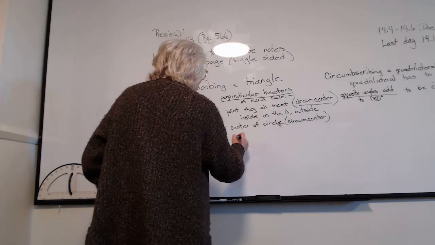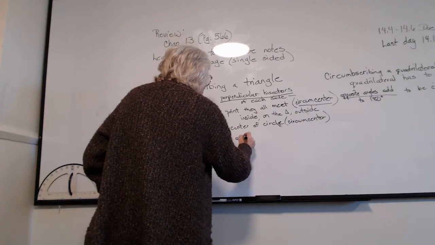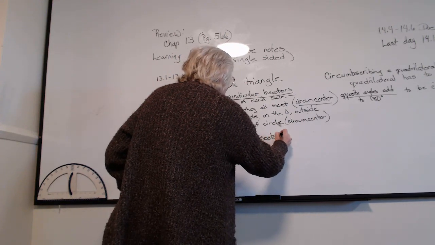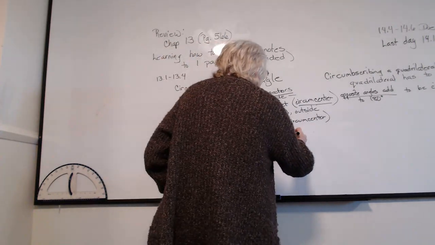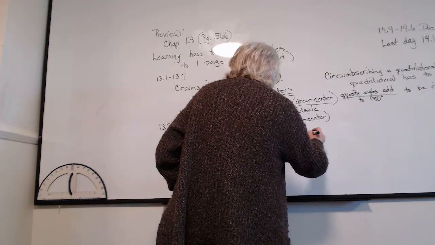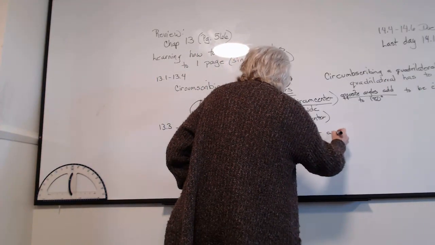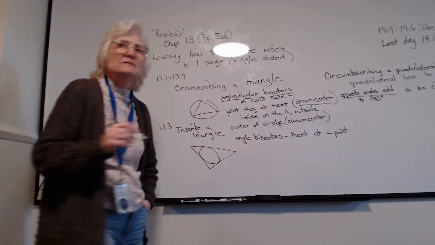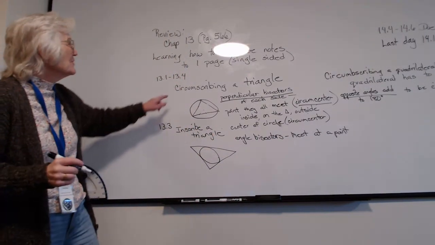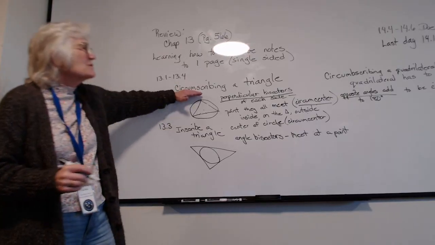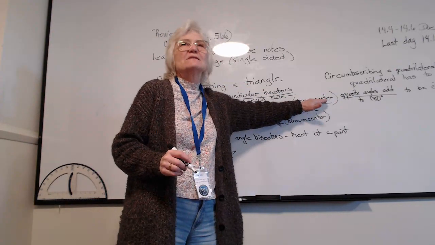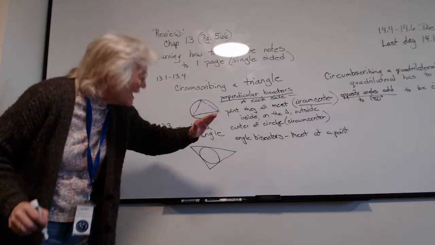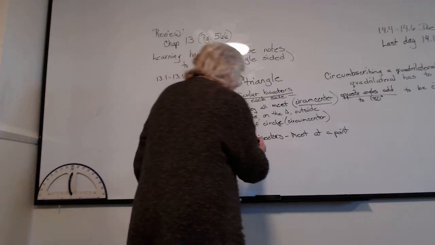We do the angle bisectors, and they meet at a point. What's the point called? The incenter. So notice, circumscribing gives you a circumcenter. Inscribing gives you an incenter.